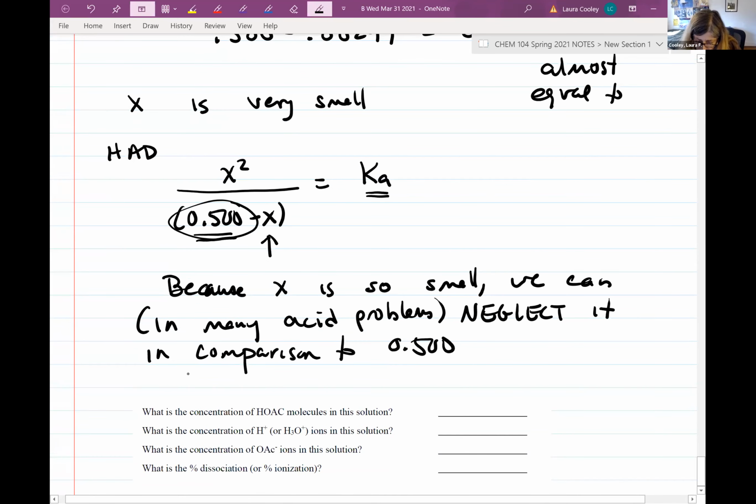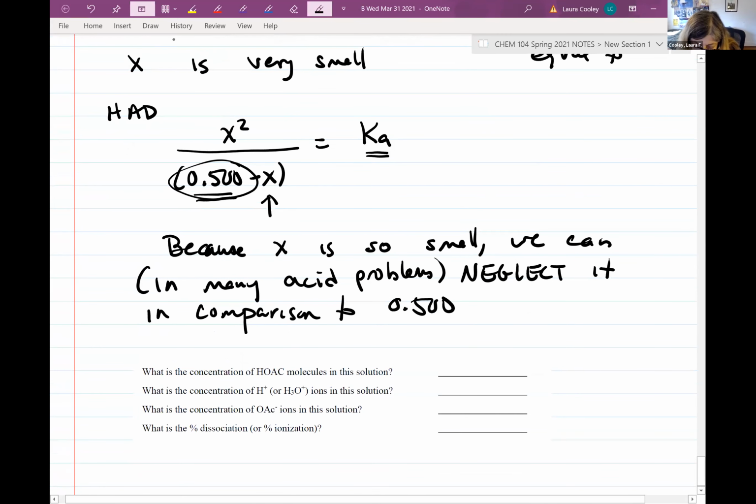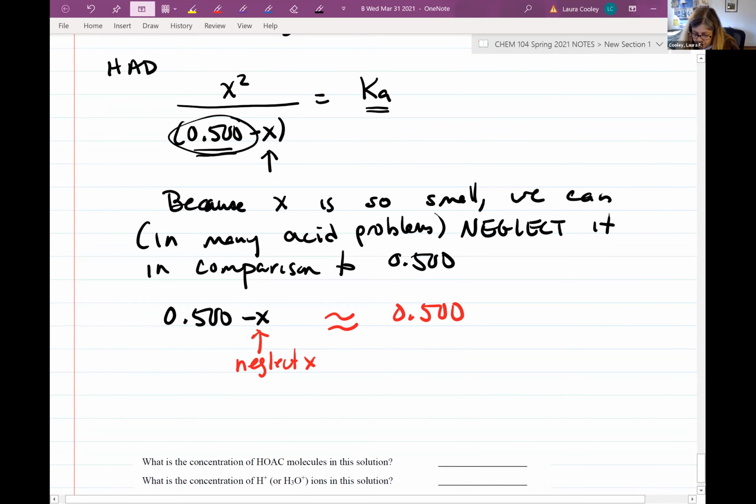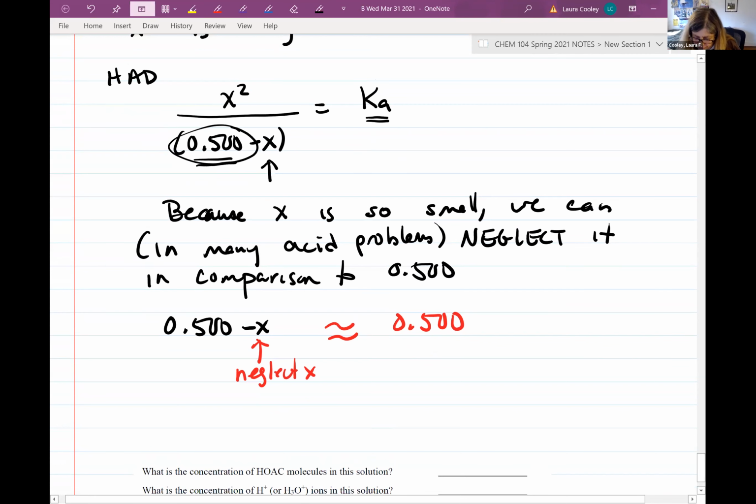So 0.5 minus X actually becomes just 0.5. So I had 0.500 minus X. If I neglect the X, this is approximately equal to 0.5. And I know I'm a little bit wrong because I know that that's actually 0.497, okay? But I'm not that far off.